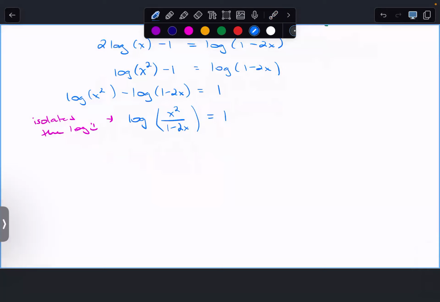So this is log base 10. So then I have 10 to the power of log base 10 of x squared over 1 minus 2x is 10 to the power of 1. Making sure you do it to both sides.